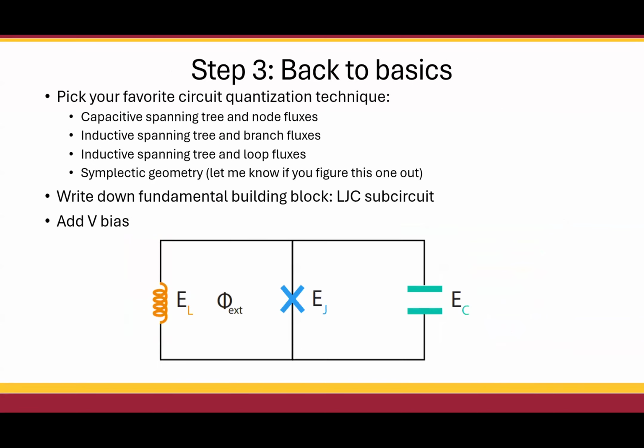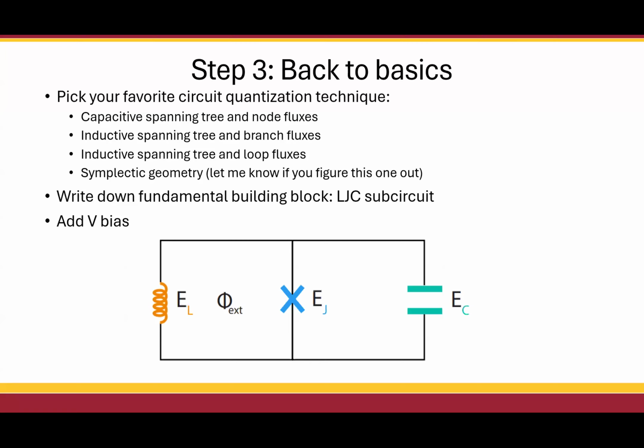All right. Now, start from actual first principles. Pick a circuit quantization technique. It probably doesn't matter that much which one you pick. I'm going to pick the one that I find the best resources on, which is the capacitive spanning tree and node flux technique. And by the best resources, I mean I can email Jens and say, is this right?